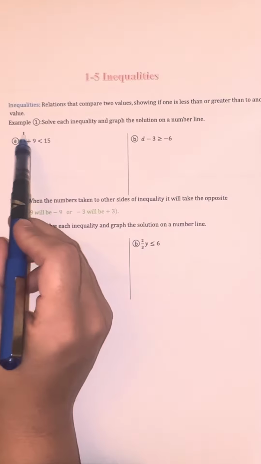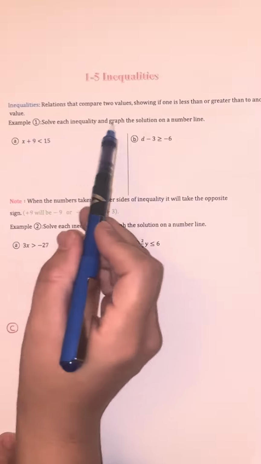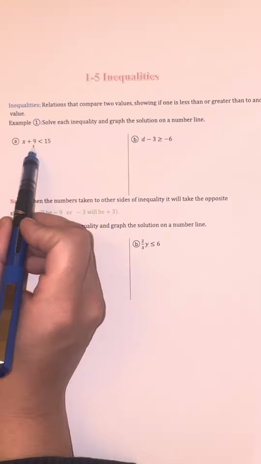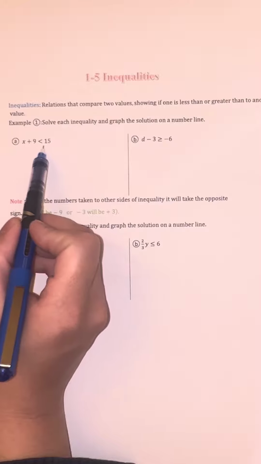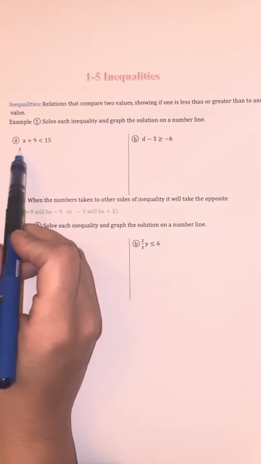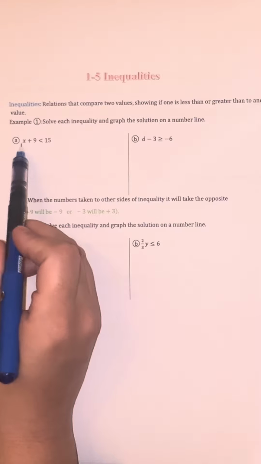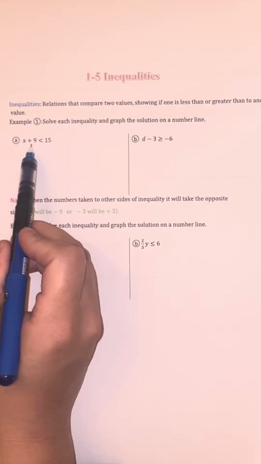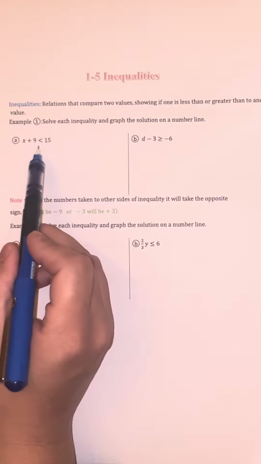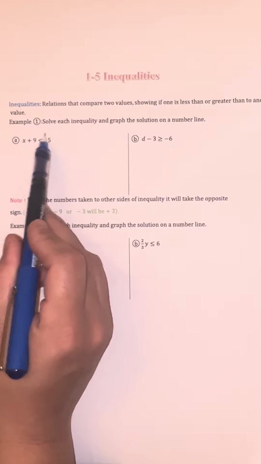First example in your book is: solve each inequality and graph the solution on a number line. Okay, x plus 9 less than 15. The first step for solving an inequality, we need to isolate the variable on one side and the number on the other side. So as you see, there is the variable and constant on one side, and the other side, the right side, is 15. That means we need to take this 9 to the other side.